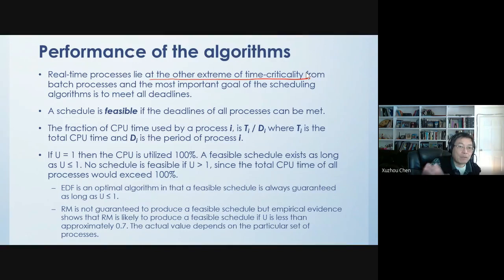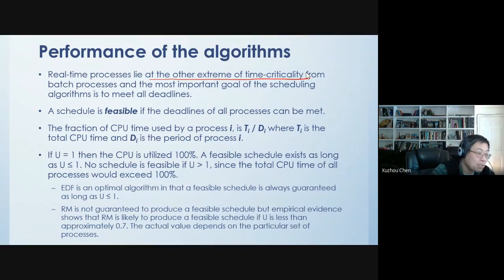As long as the deadline is not reached yet, it's fine. You can still keep that file in the buffer, but you have to play the package before the deadline, because otherwise you're going to have a problem with the smoothness of the video. Okay.